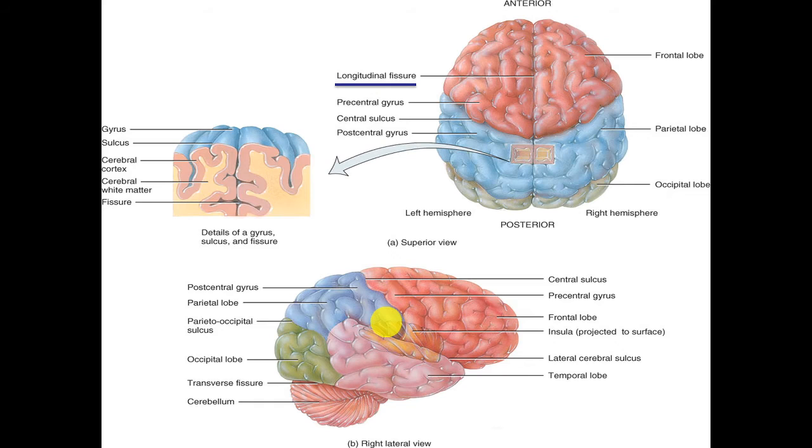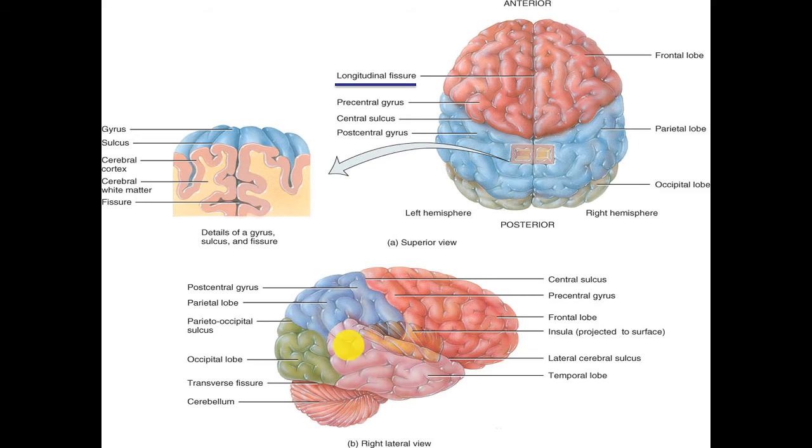So in lab, you don't really need to know the functions of these, but they are good to know to remember things. So for example, the occipital lobe is where our visual processing occurs. So everything that we see with our eyeballs has to go all the way to the back of the brain to the occipital lobe.